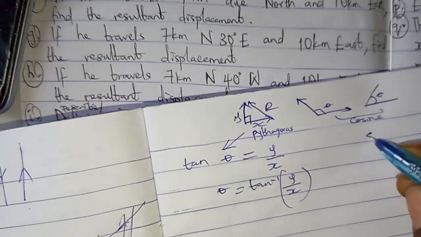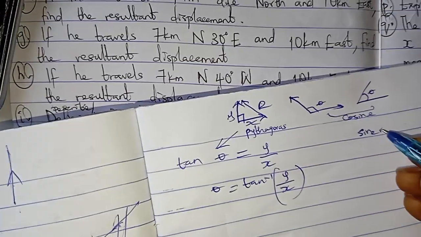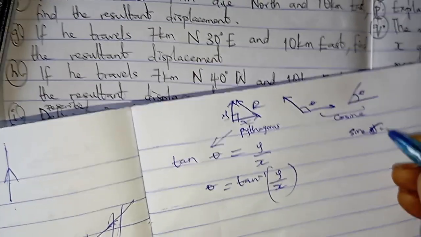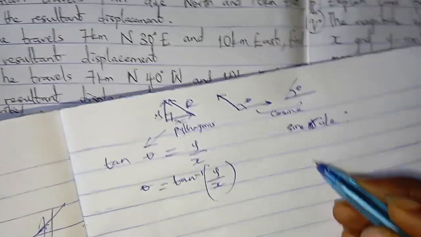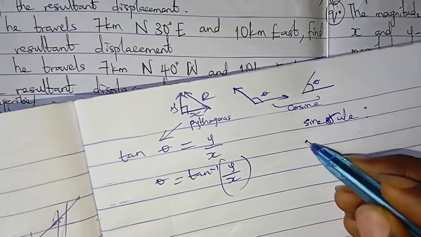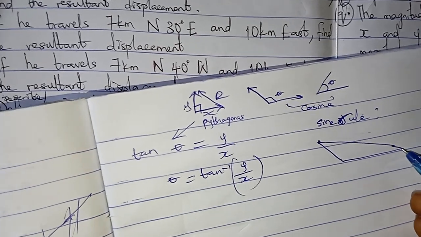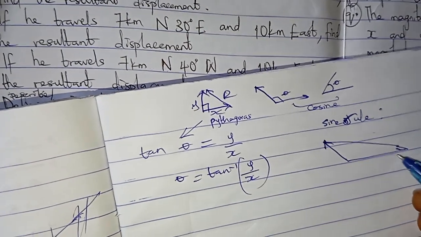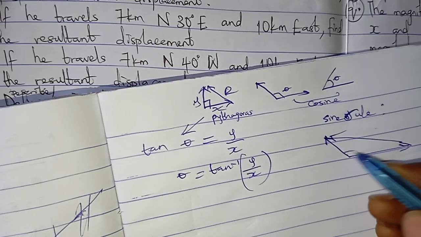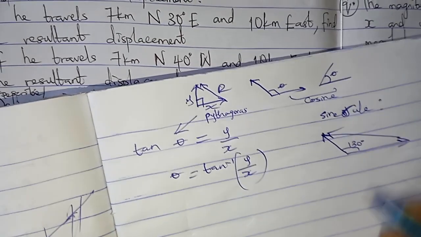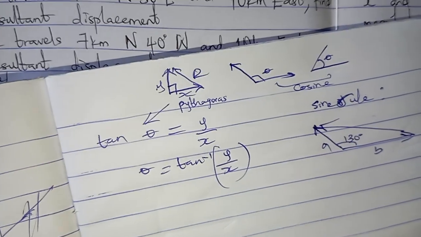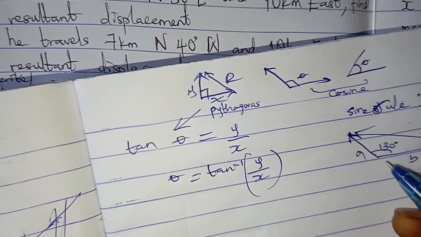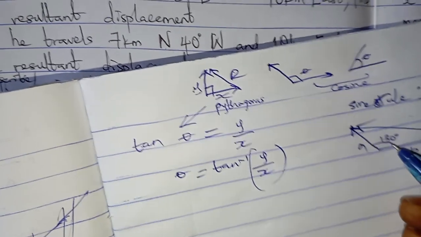Then you use the sine rule. Anytime you use cosine to find your resultant, you use the sine rule. So let's say, for example, I have this. Let's say this is A, let's say this is B. To use the sine rule, I will say there's an angle here.